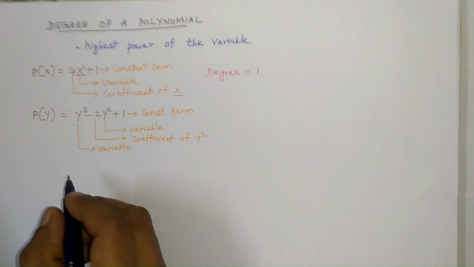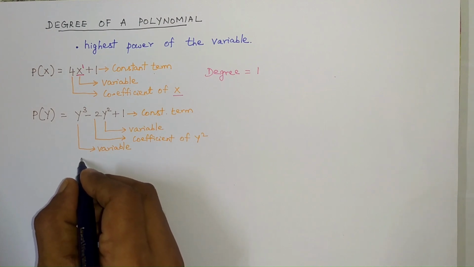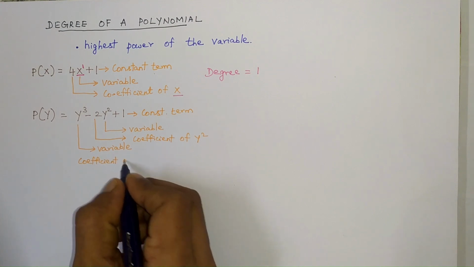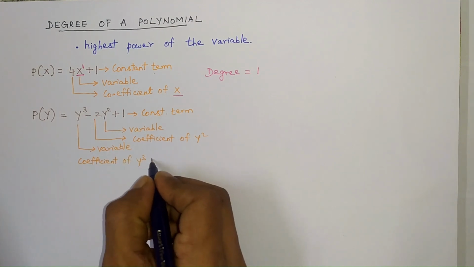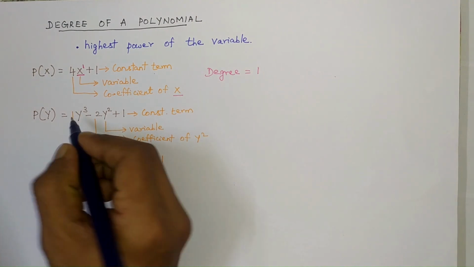What is the coefficient of y cube? 1 is the coefficient of y cube, because I can write y cube as 1 y cube, the meaning does not change.